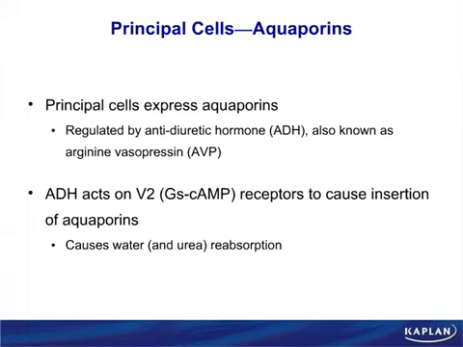That's one stimulus. The second stimulus is low volume. In low volume states like hemorrhaging, dehydration, diarrhea, vomiting, low volume states will increase ADH secretion. So those are the two stimuli for ADH.